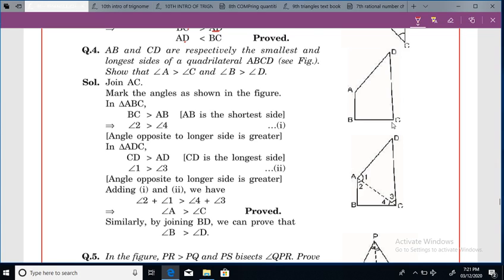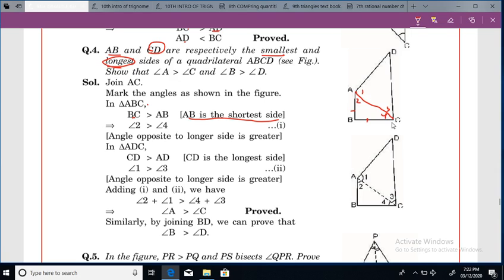Okay. Join AC. I have to construct one line AC. Mark angles as shown in the figure, it means put 1, 2, 3, 4 angles here. BC is greater than AB. Why? They told that AB is the smallest, CD is the longest.